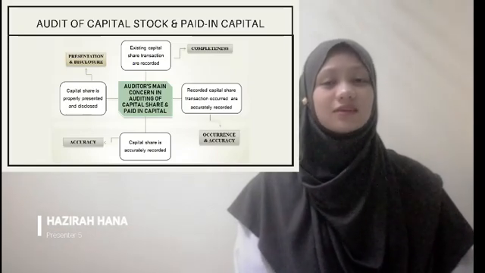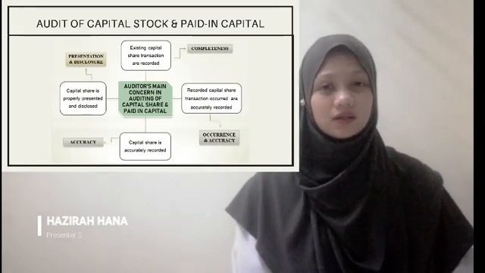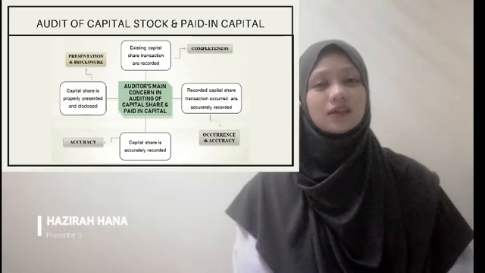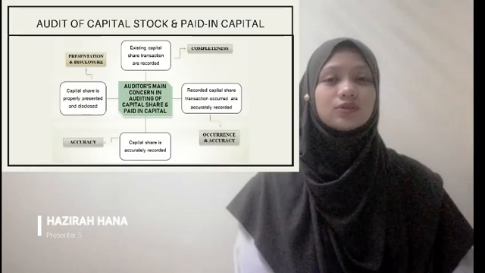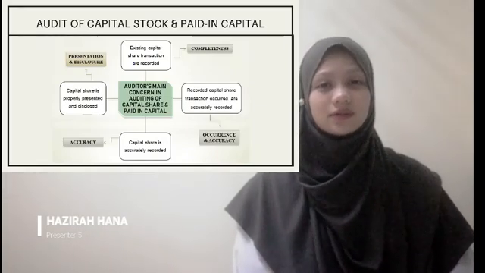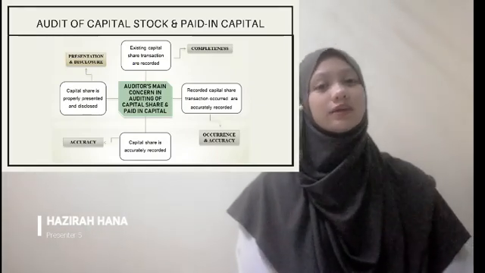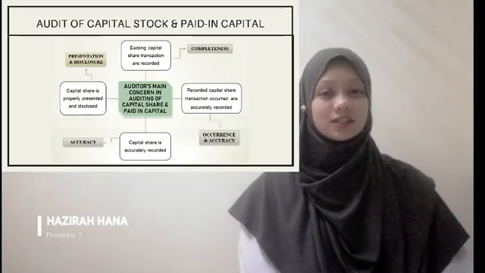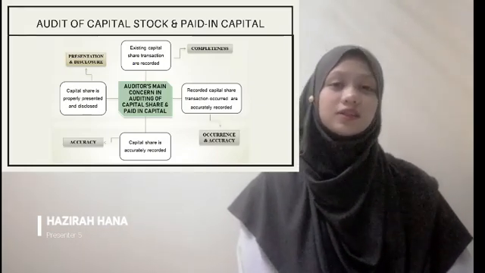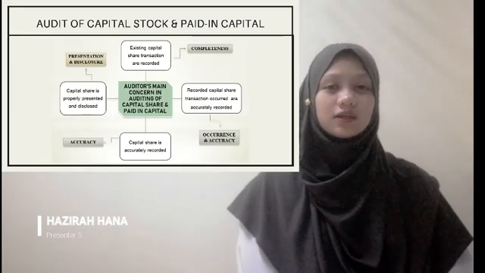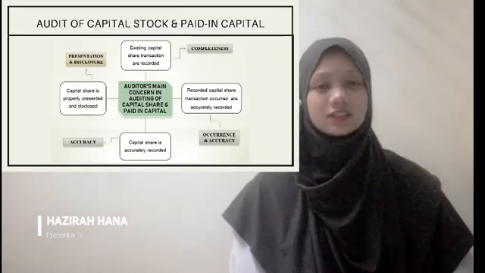So, extensive auditing is required when several activities occur, which is if there is any new issuance of shares, or if the company combines with other companies and they exchange through shares, or the company donated shares. And the last one is the purchase of treasury shares.